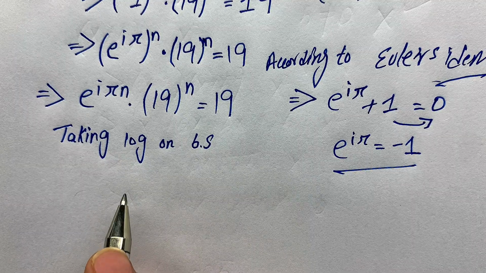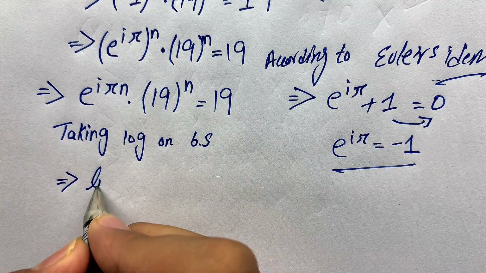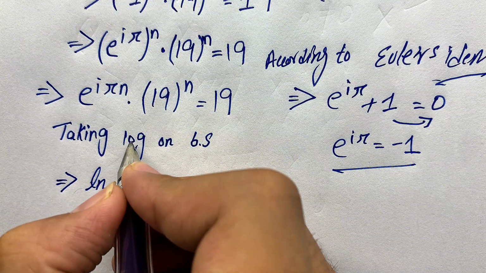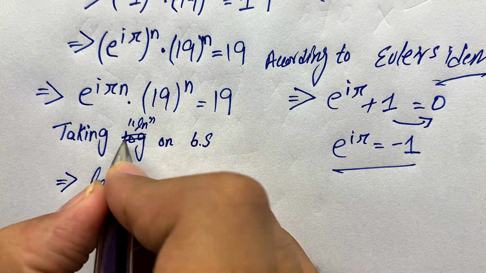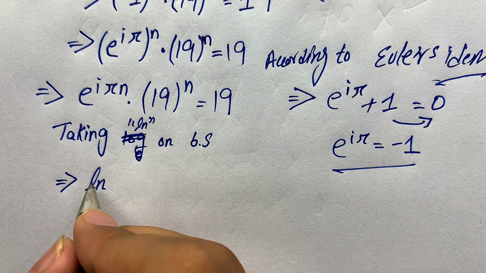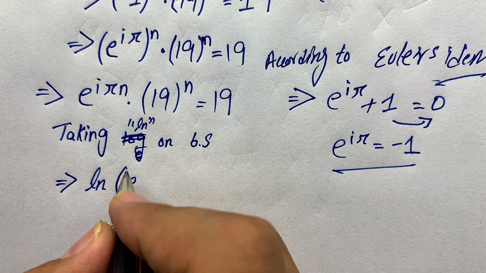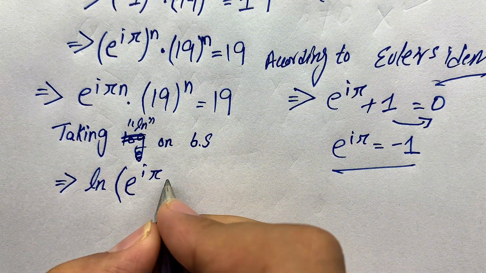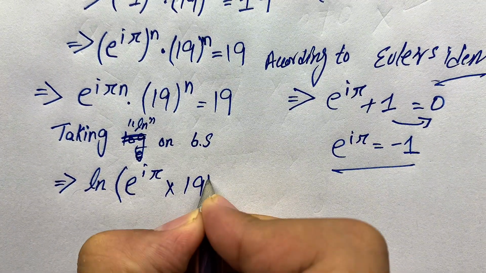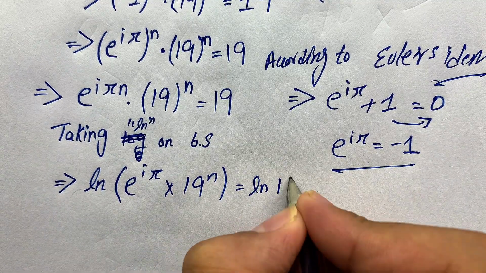Now we will get, taking ln on both sides, ln of e^(iπn) multiplied by 19^n is equal to ln 19.